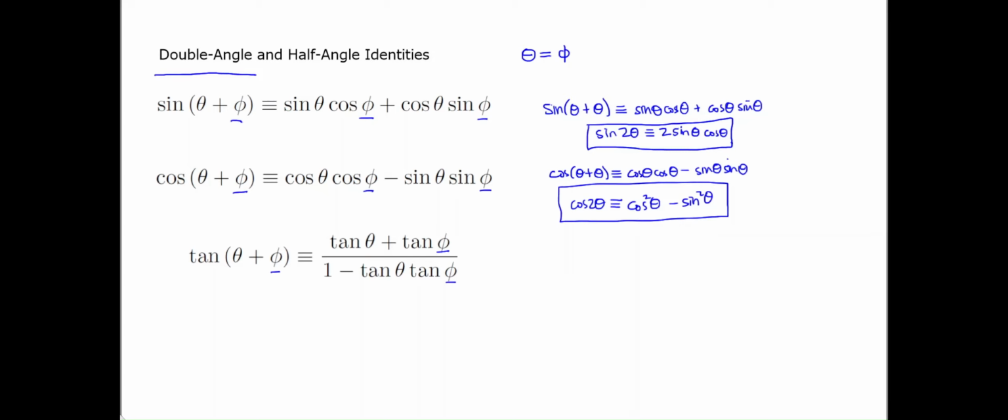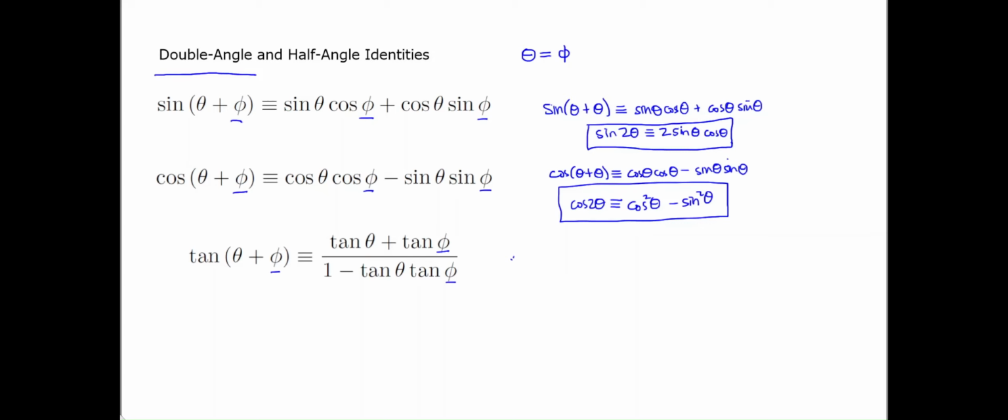Now, it turns out there are two other options on how we can write the cosine 2 theta identity using a Pythagorean identity that you probably already know about. I'll get to that in a few minutes after we finish our list of 3 here with the tangent.